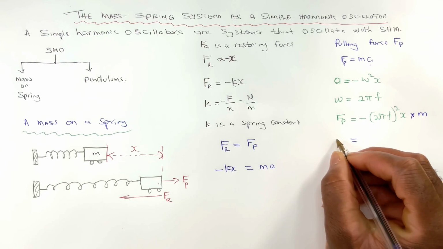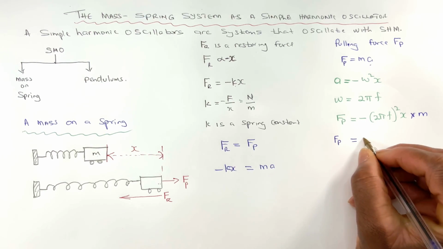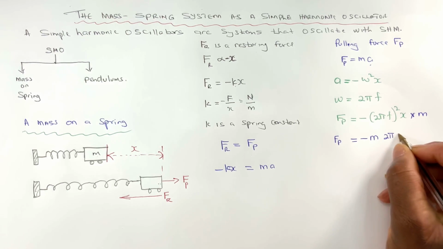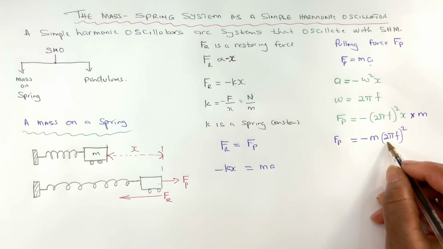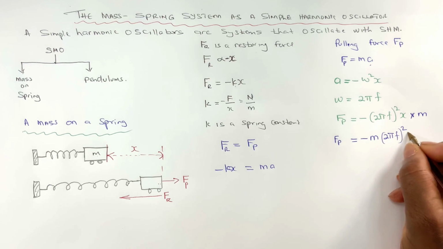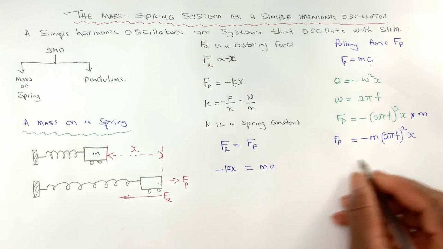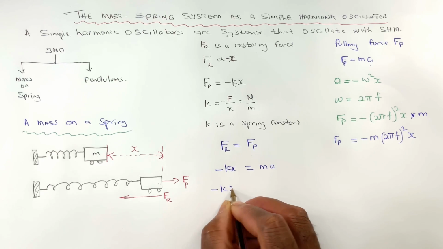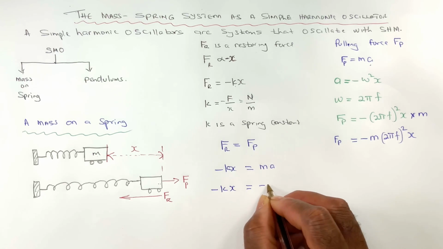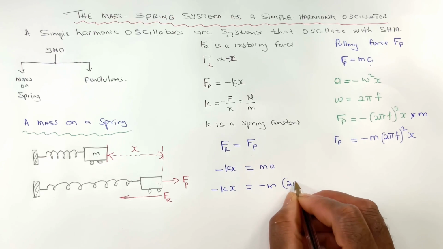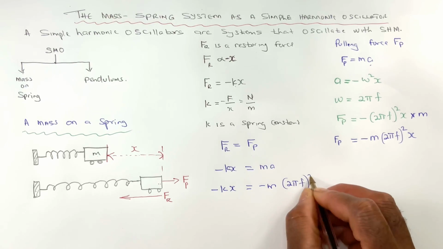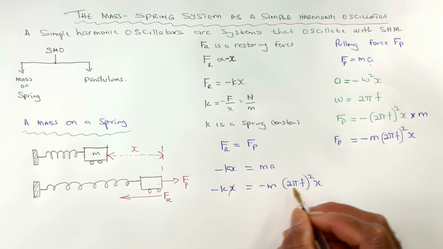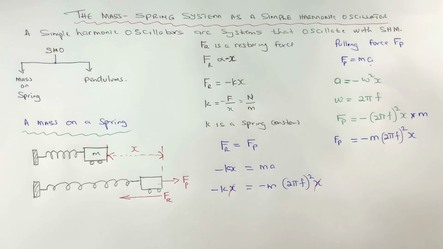So we're going to get FP equal to minus m times 2 pi f squared X. And so if we put that here, we're going to get minus kX equals minus m 2 pi f squared X. As you can see, the X will cancel out and the minus will cancel out.